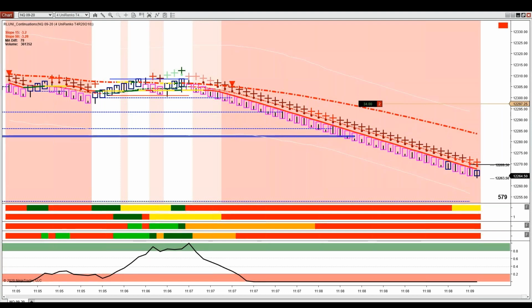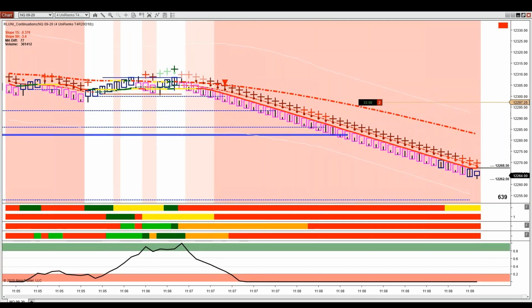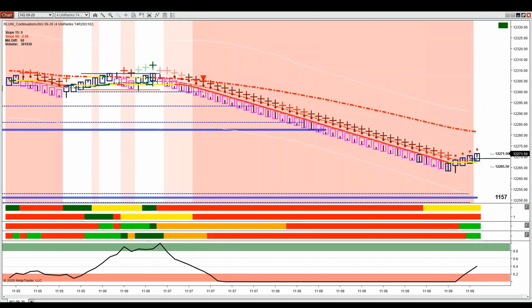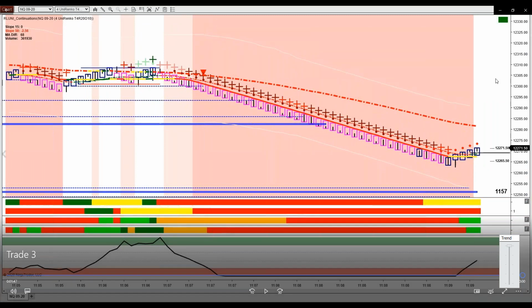Now, personally, I'd probably close this trade. At 30 points, I'd be finished. I would just hit the close button and let it go. And see, the line just went green. Whoops, took you out. And that's the end of the trade.